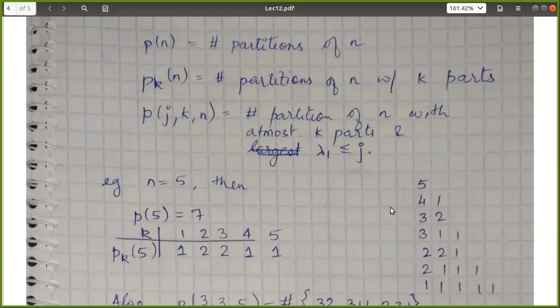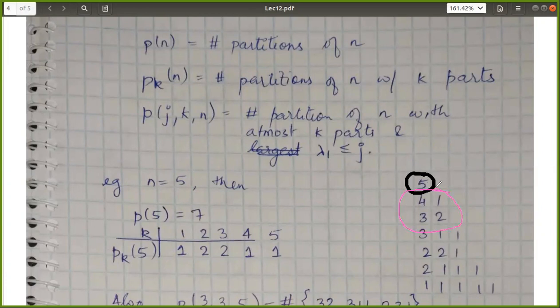Next question. What is P1 of 5? This is Pkn, number of partitions of n with k parts. So how many partitions of 5 are there with just one part? 1, which is this, right? And then how many partitions of 5 are there with 2 parts? 2, which are these, correct?